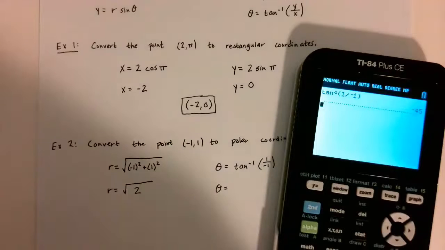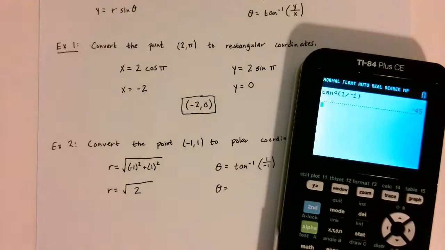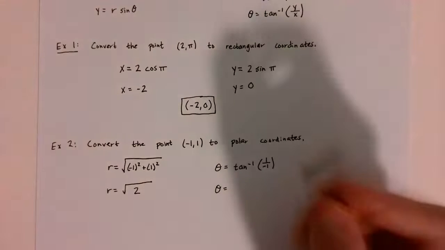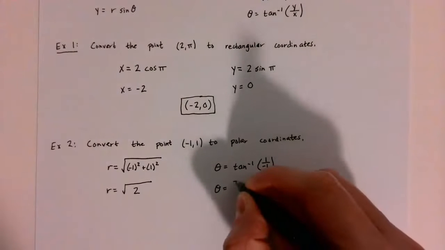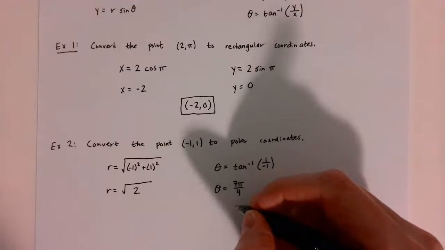So -45 degrees, we would do 360 minus 45. So we have 315 degrees. That would give us 7 pi over 4. That would be the positive version, and we always want the positives.